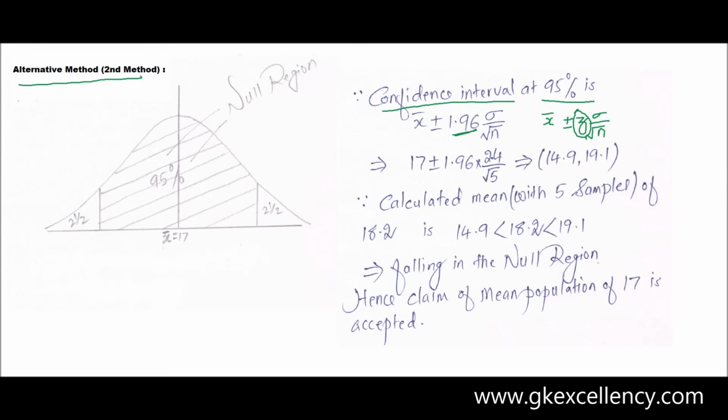Now I submit the lecturer's claim of 17 minutes, plus or minus 1.96 times sigma, which is 2.4, upon square root of 5.